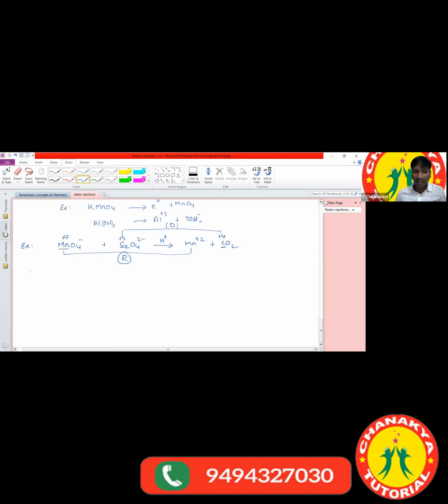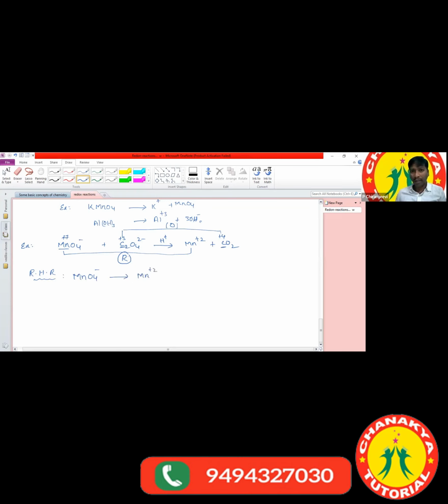First, I'm going to balance the reduction half reaction, which I write as RHR. RHR is nothing but the reduction half reaction. Let us see how we can balance it. The reduction half reaction is MnO4 minus gives rise to Mn 2 plus.